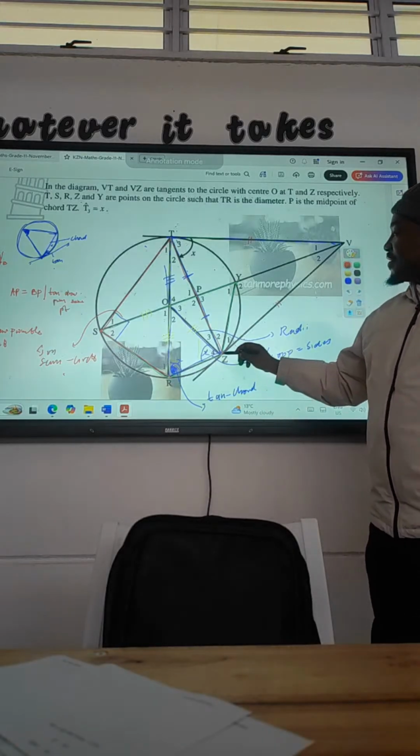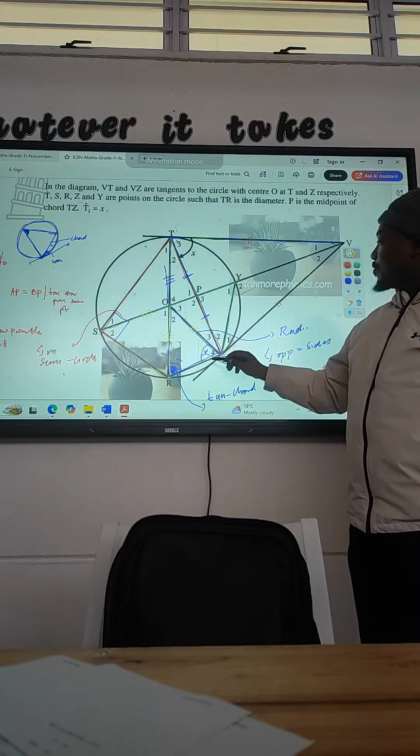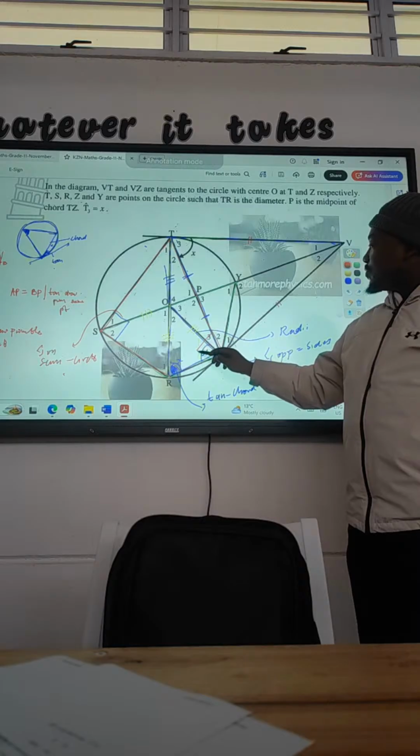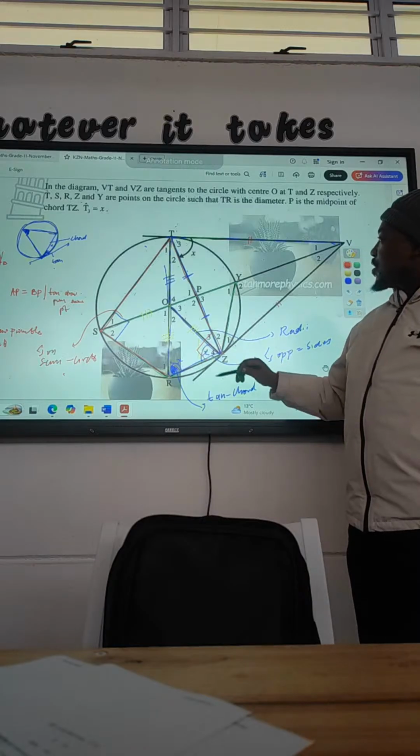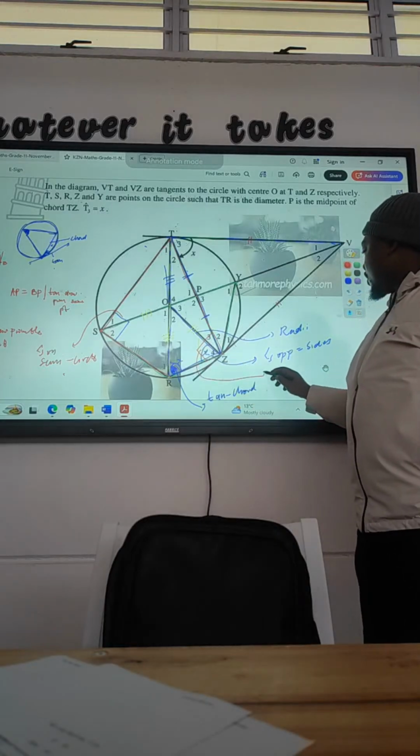Z3 and Z4, also 90 degrees, angle in a semicircle.